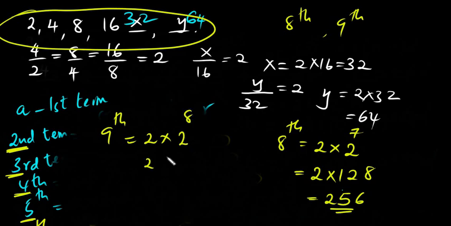So that will be 2 times 2 to power 8, which is 256. And the 9th term is going to be 512. And that is how to find the value of any nth term of a geometric sequence.